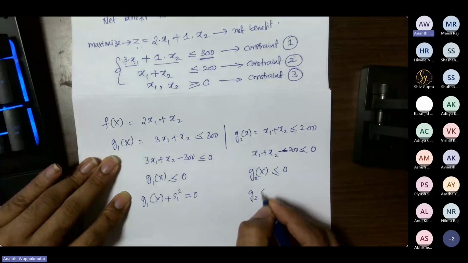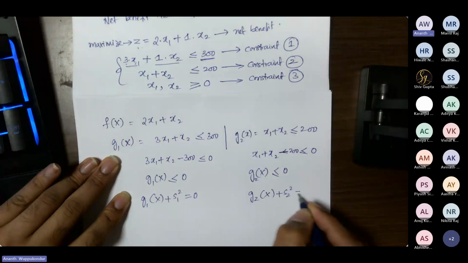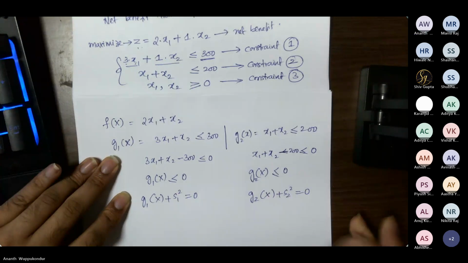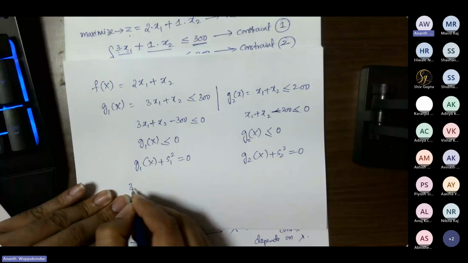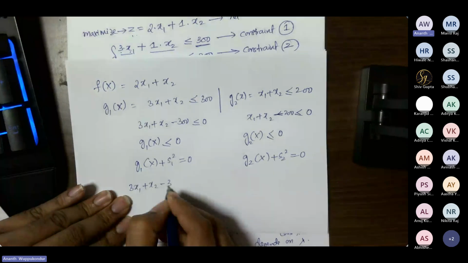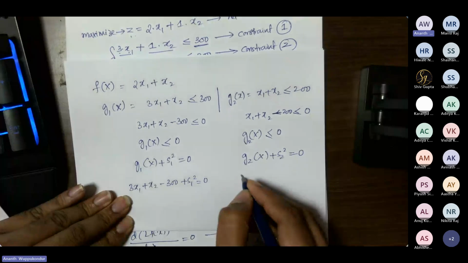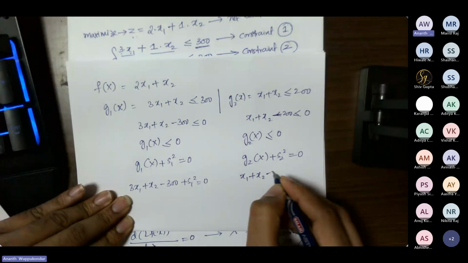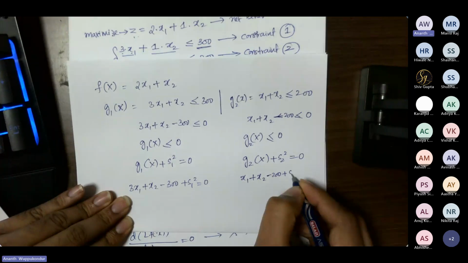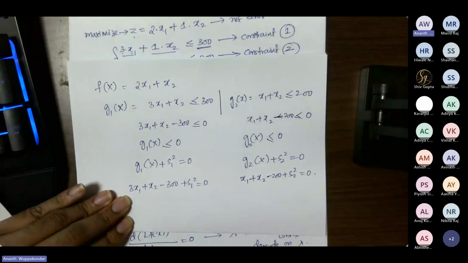And similarly here, you can bring in a variable so that that becomes an equality. So if I rewrite that, that becomes 3x1 plus x2 minus 300 plus s1 square equals to 0. And this becomes x1 plus x2 minus 200 plus s2 square equals to 0. So these are the functions that we have now, which are G1 and G2.